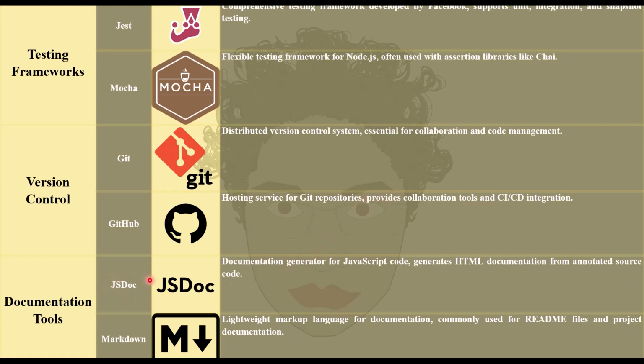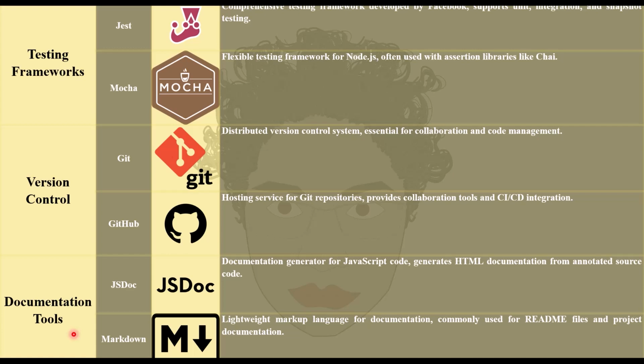One of them is JSDoc, documentation generator for JavaScript code, generates HTML documentation from annotated source code. Another is Markdown, lightweight markup language for documentation, commonly used for README files and project documentation.